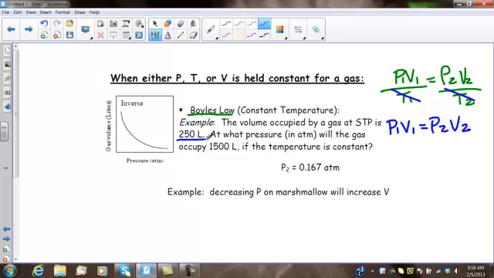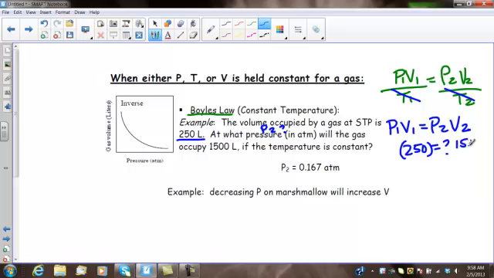They tell me that my volume is 250 liters. They tell me that I'm at standard temperature and pressure. They want to know what pressure in ATM. So I don't know P2. This is my P2, I don't know that, and it's in ATM. Will the gas occupy if it's 1,500 liters?